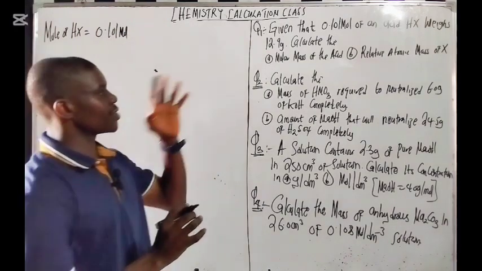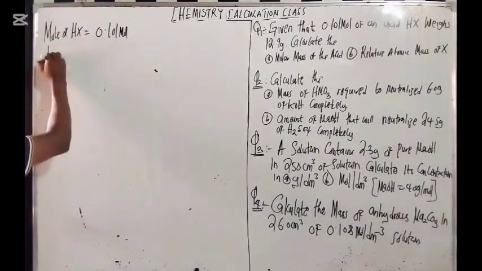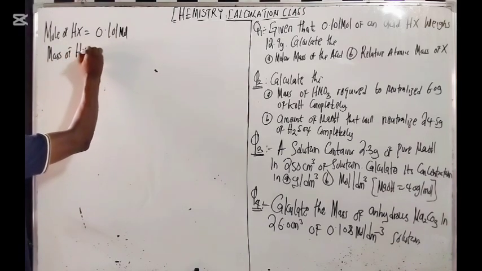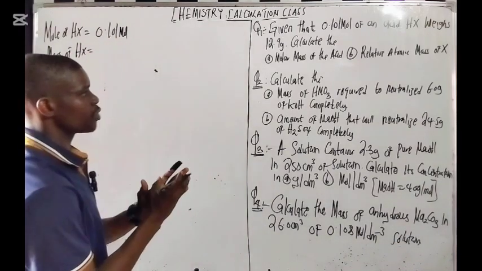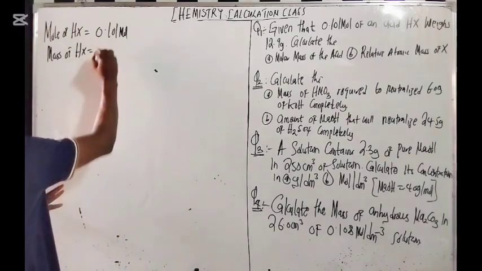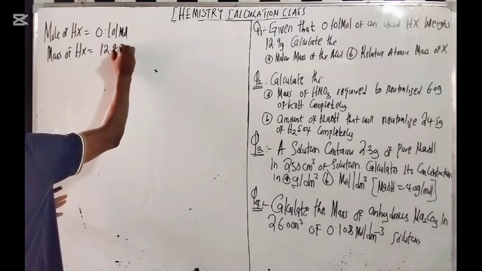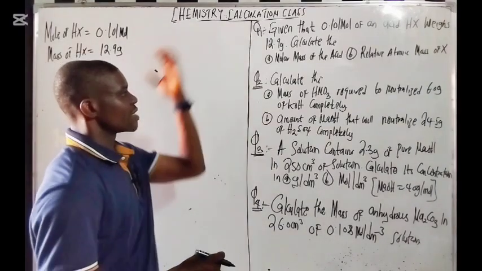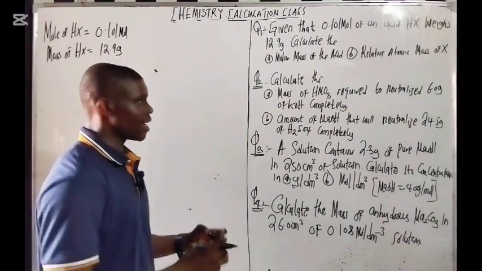And they gave us the mass of the acid: mass of HX is 12.9 gram. Please pay close attention here. We want to calculate the molar mass of the acid.